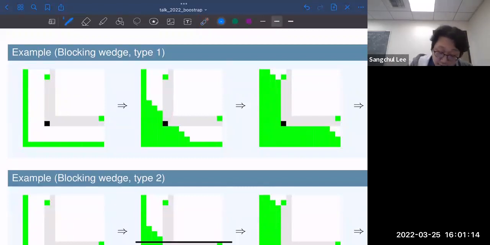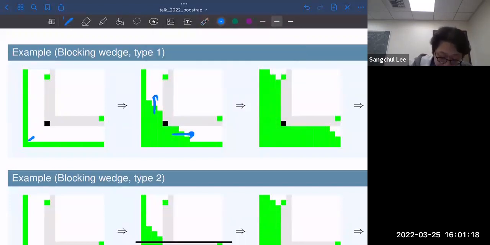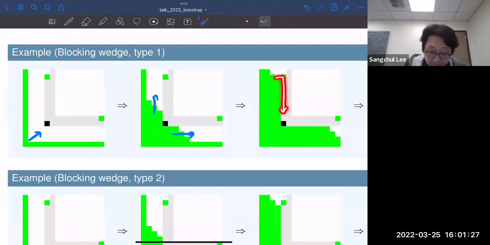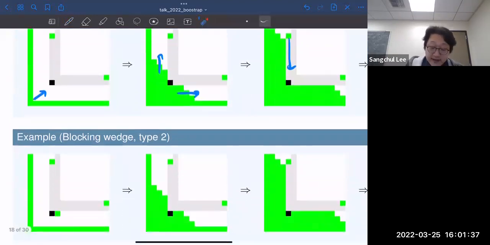And there, the growth splits into two directions until they encounter another occupied site. And only when it encounters that occupied site, this structure will begin to collapse. So at least this structure can prevent the growth up to this point.